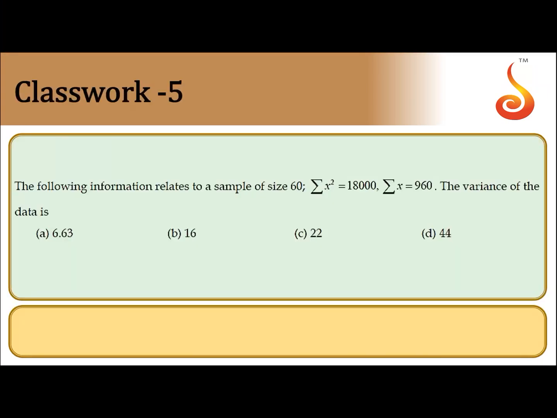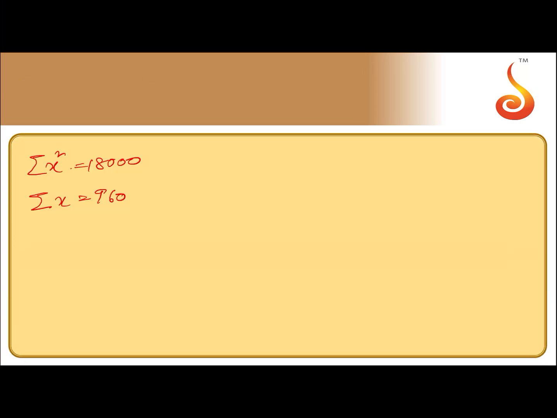The variance is sigma xi square divided by n minus (sigma xi by n) whole square.